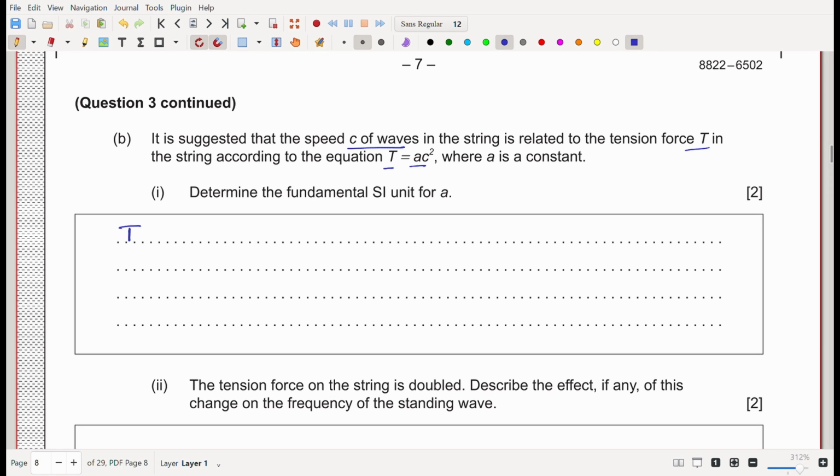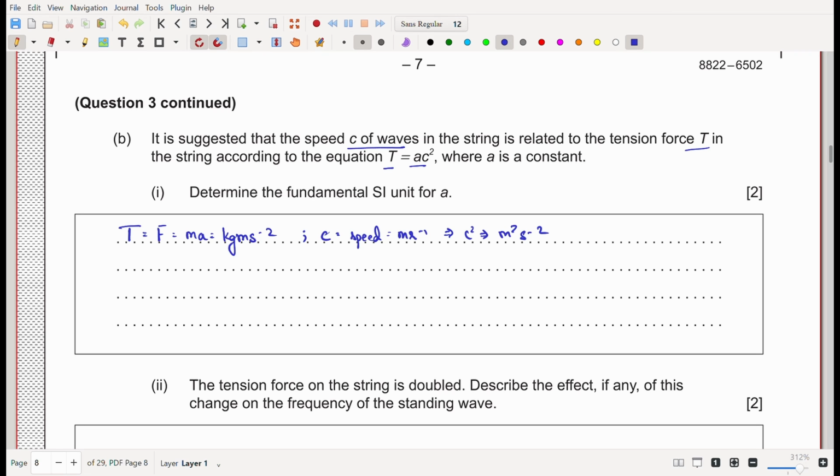So tension is a force, which is equal to mass times acceleration, which is kilograms meter per second squared. Correct? Now c is a speed, which is meter per second, but since we have c squared, the unit is meters squared per second squared.